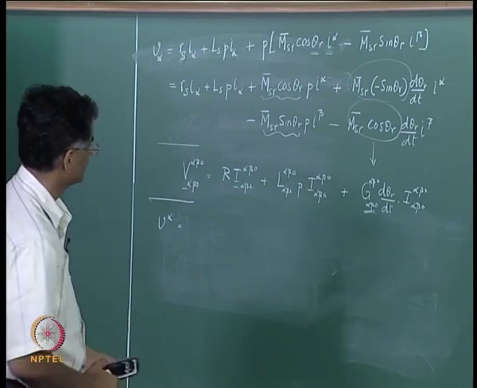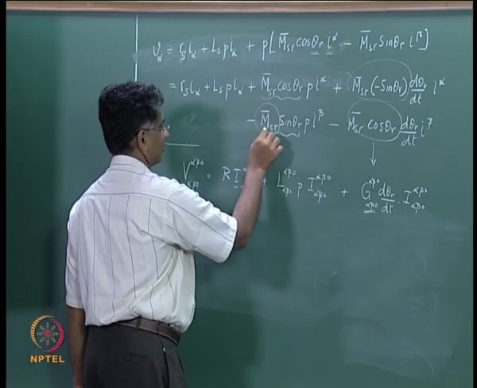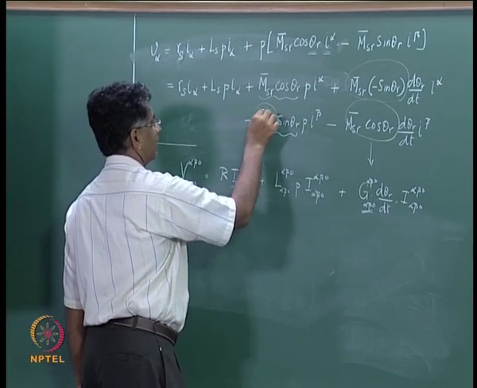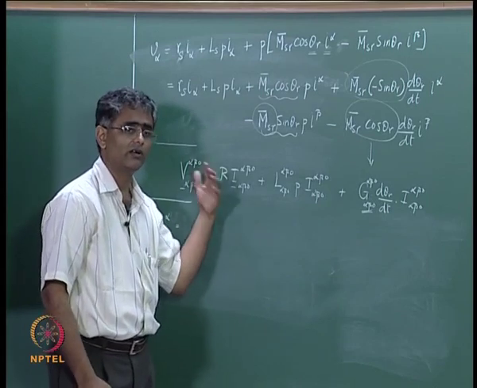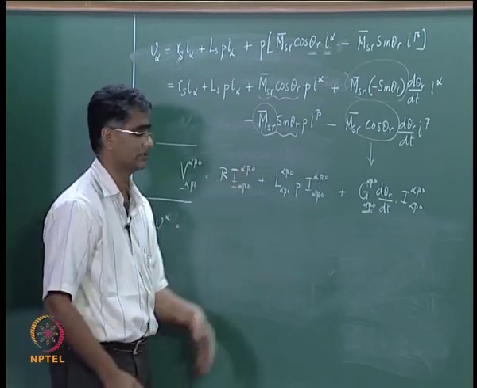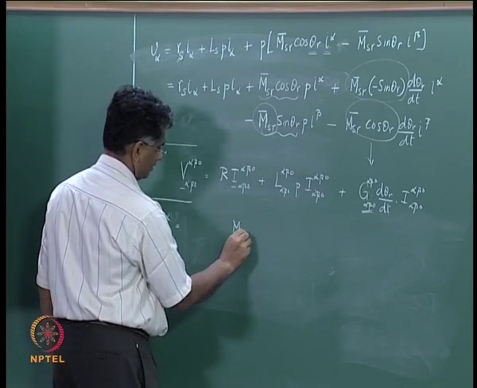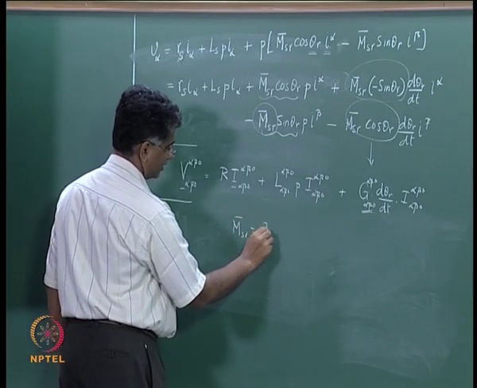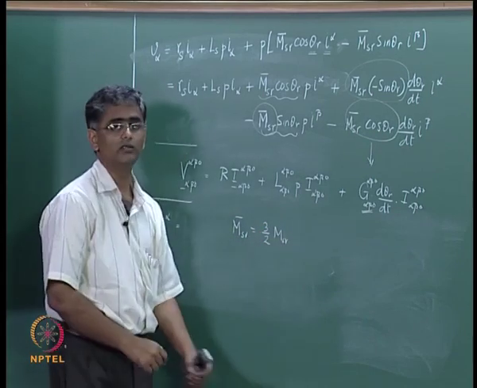The only thing is that we do not know how this term MSR bar is related to what was MSR derived from the 3 phase case, and we have now seen that MSR bar is nothing but 3 by 2 times what we had written as MSR in the 3 phase machine.